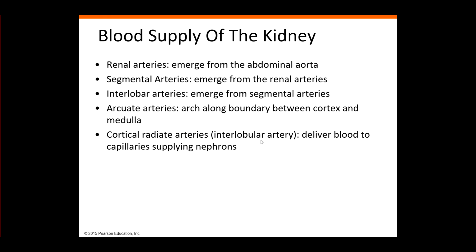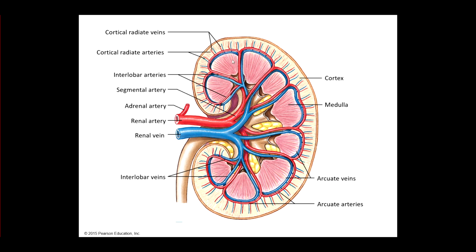I put here in parentheses, because I do hear people sometimes use this term, another term for the cortical radiate arteries: interlobular arteries. So instead of calling these red lines cortical radiate, you could call them interlobular. That would be okay also.